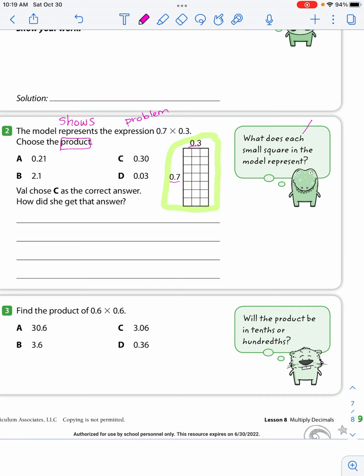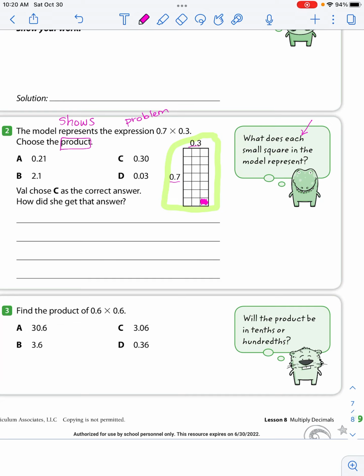It asks you, what does each small square represent in the model? What is just one of those? I don't think it's a tenth. Val chose C as the correct answer. How did she get that answer? So you're going to have to decide if Val was correct or incorrect.